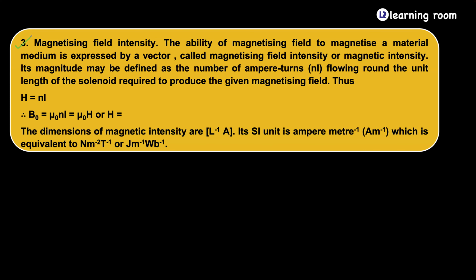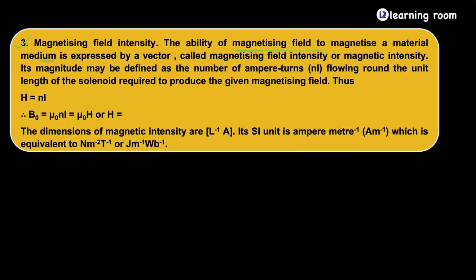Okay. So having said that, magnetizing field intensity means the ability of the magnetizing field, that is a magnet, to magnetize a material medium. The ability of this bar magnet to magnetize that bell pin is what is called the magnetizing field intensity.